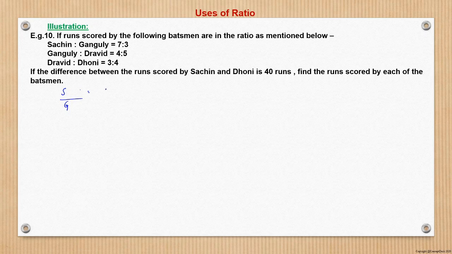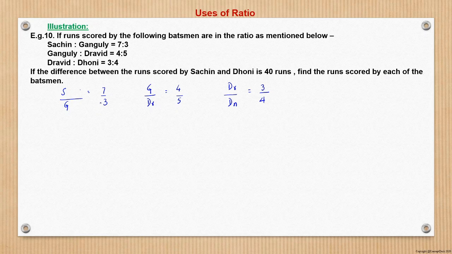So Sachin by Ganguly, it is given as 7/3. Then Ganguly by Dravid is given by 4/5. Then Dravid by Dhoni, it is given by 3/4. We have to find the difference between the runs scored by Sachin and Dhoni. So again, this ratio acts as a bridge between different items.